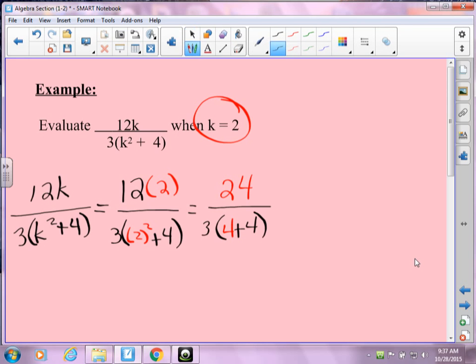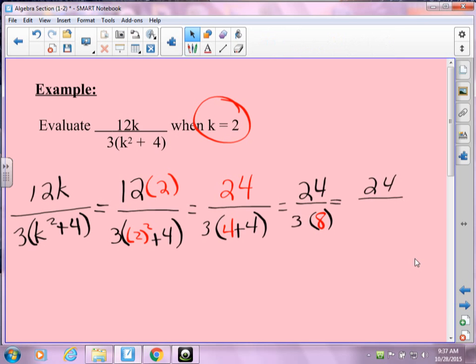Again, when I do fractions, I work from left to right. Right? Is there anything more to do in my numerator? No, so I'm going to leave it. Then the denominator, do I have parentheses? I do. 4 plus 4 is 8. I'm going to keep going.